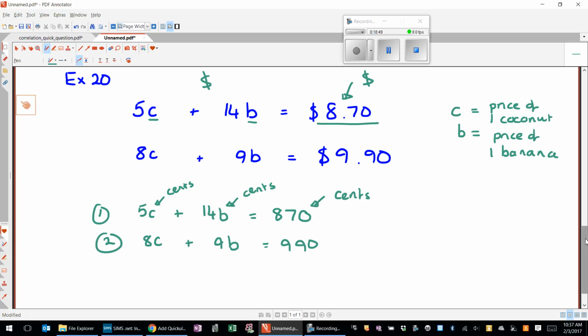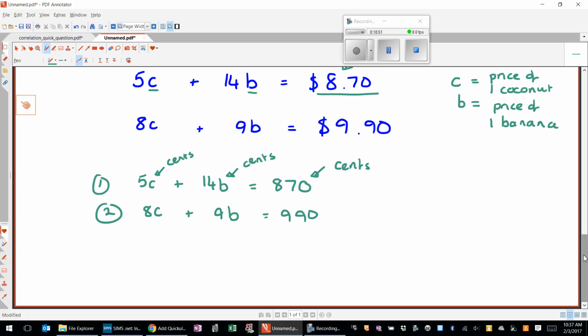How do we solve it though? Elimination methods? Yeah? And you could, if you have the same price, you are gonna subtract. Okay. Do we have the same C's or B's? No. You have to multiply.